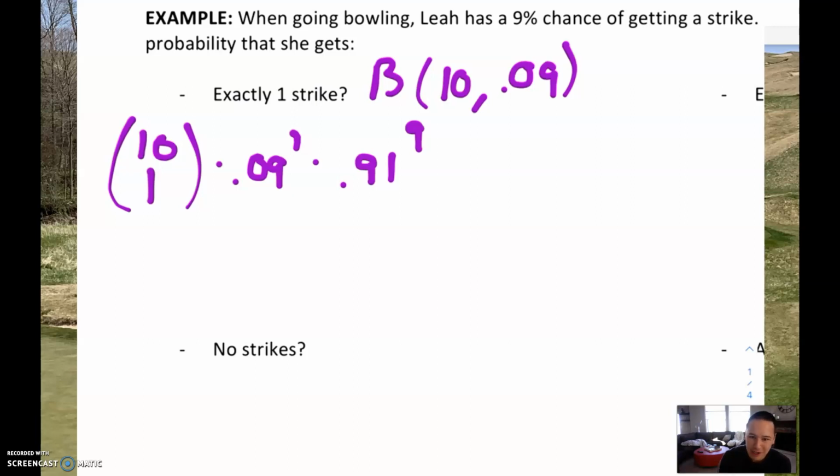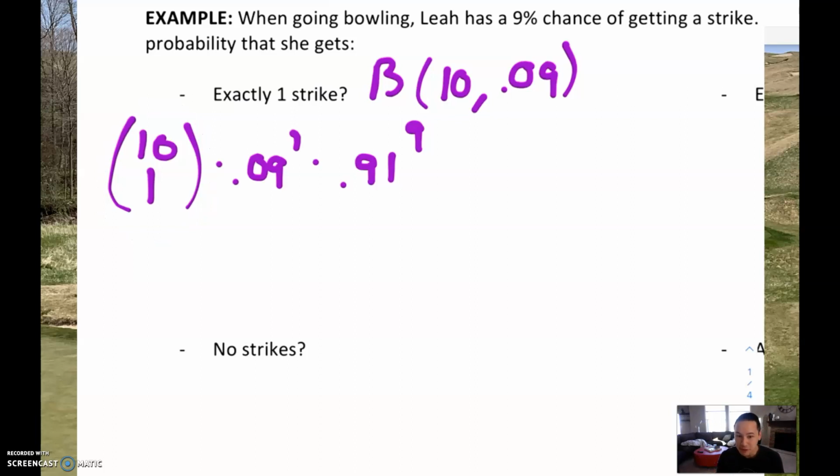I want to break this down and make sure we understand what's happening. She's bowling 10 frames. This 0.09 to the first represents she gets 1 strike. That strike happens 1 time. This 0.91 to the 9th power means she's not getting a strike. That was 91% of the time, 9 different times. And this 10 choose 1 shows you how many different ways she could get that 1 strike.